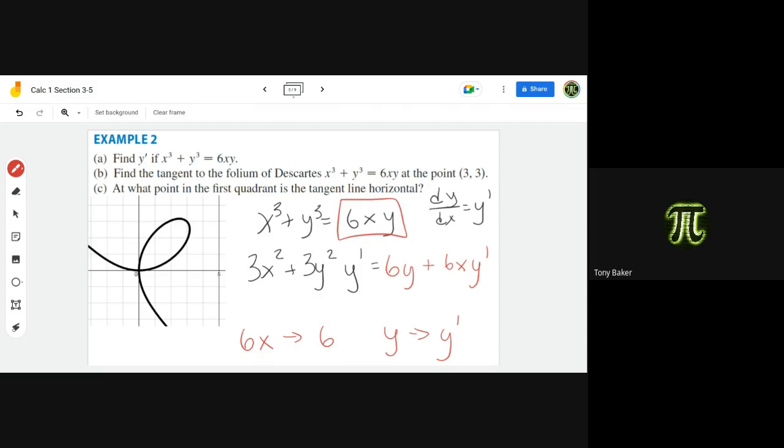So all the rules that we learned so far, we still have to use them. Still have to use the product rule. Still have to use the quotient rule. We're in essence doing the chain rule by doing the implicit differentiation. All right, are we good to that point?